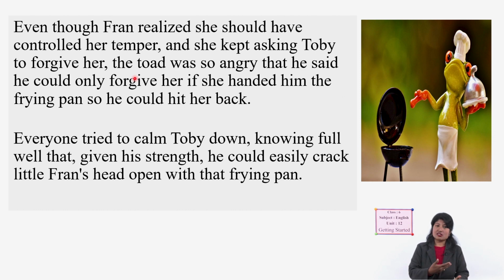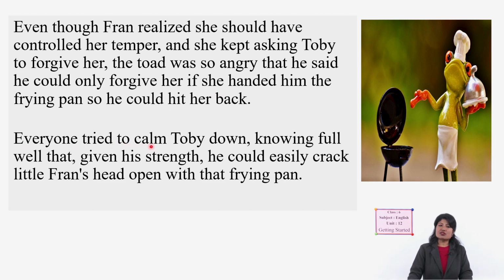She said sorry to Toby. He was ready to forgive, but there was a condition: he wanted to beat her back. Was that possible? Obviously not.